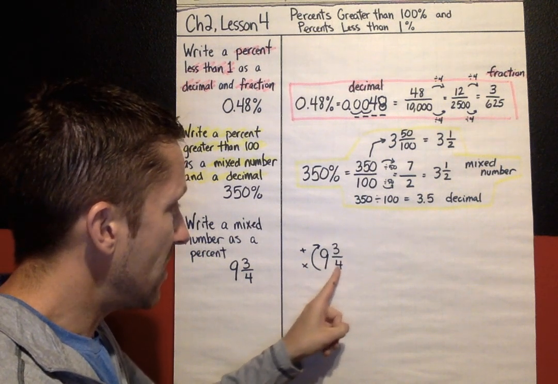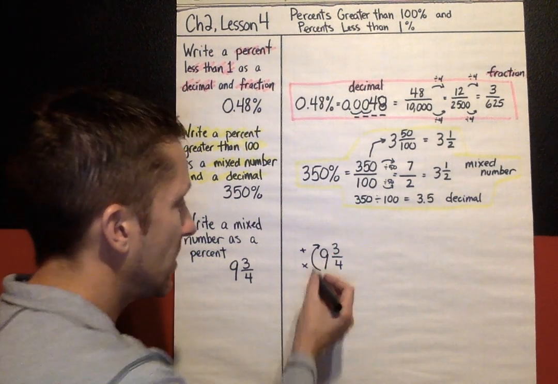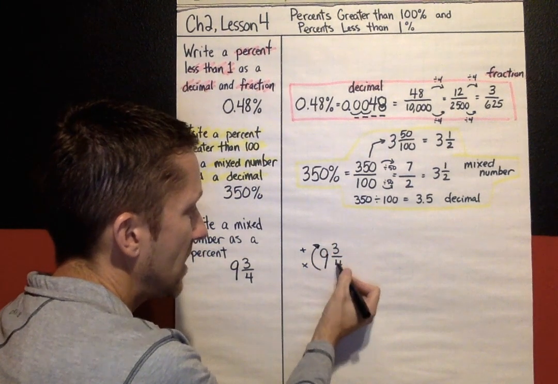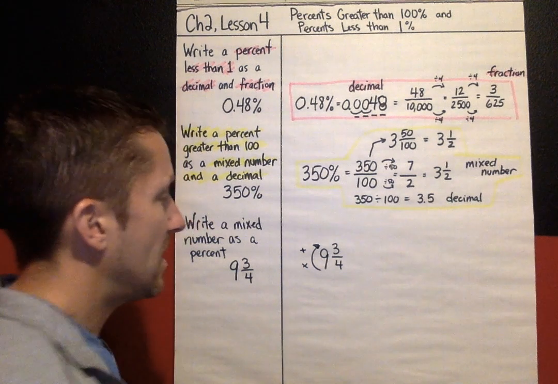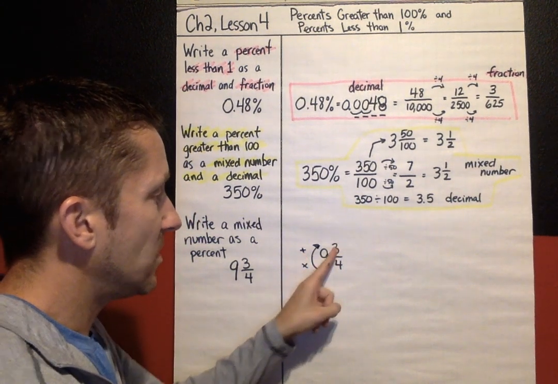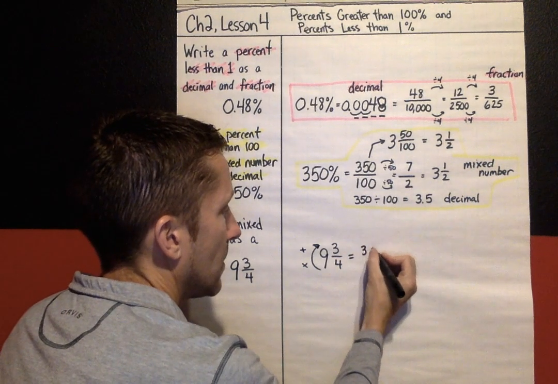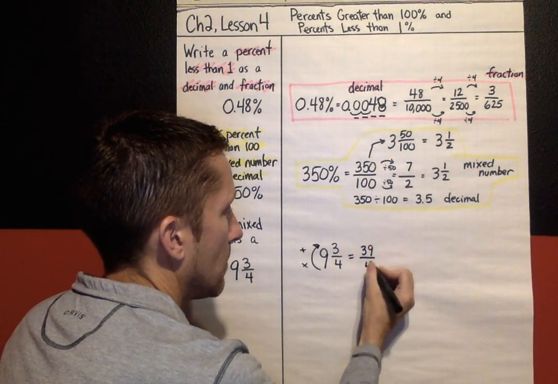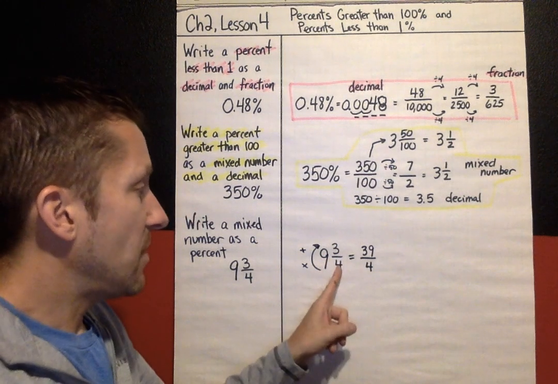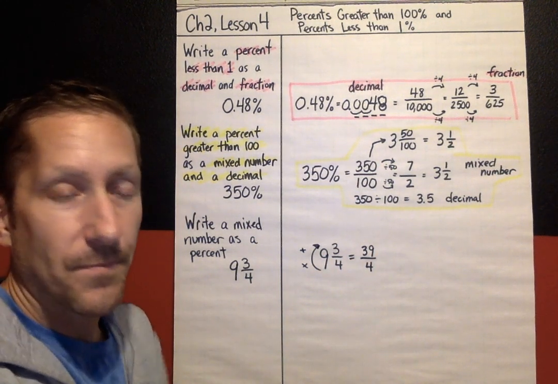So I'm going to start here, and follow this curve, just like the smile, and do 4 times 9 plus 3. Well, 4 times 9 is 36, plus 3 makes 39. So 9 3/4 is the same thing as 39/4.